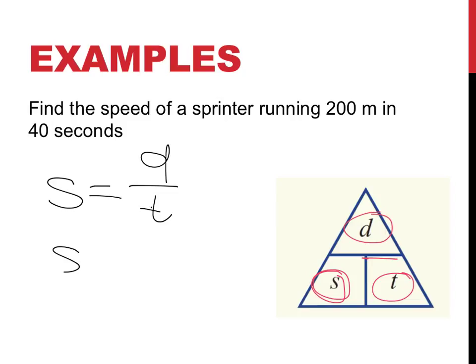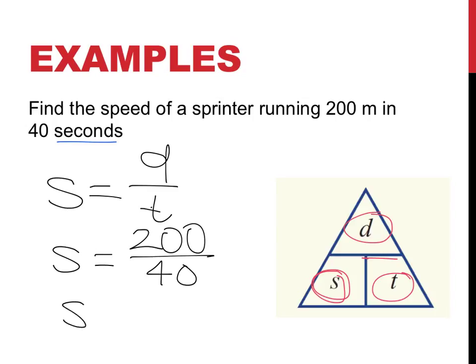So the speed at which he's running is the distance, 200 metres, in 40 seconds. Because I was given my original measurement in seconds, my answer is going to be given in seconds. So 200 divided by 40 means my sprinter is running 5 metres a second.